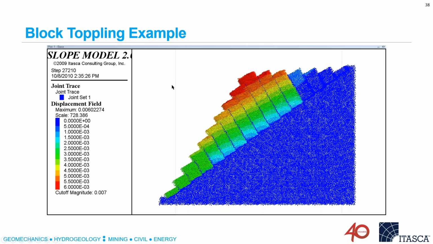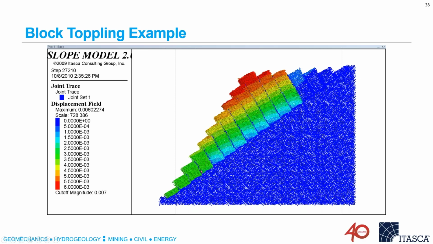And this is an example of the block toppling that we looked at previously as an analytic solution. And here, this is a Slope Model representation of that. You can see the joints here. You can see the movement, which is largest at the top. And you have three different conditions. We have blocks which are sliding.